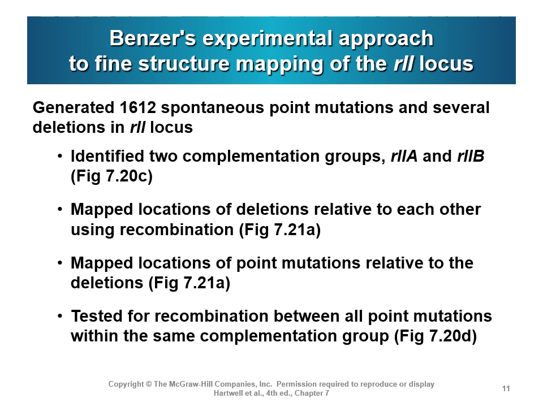He mapped locations of deletions relative to each other using recombination. He also mapped locations of point mutations relative to the deletions, and also tested for recombination between all point mutations within the same complementation groups.